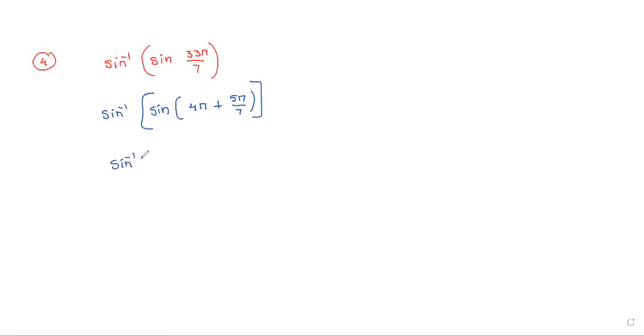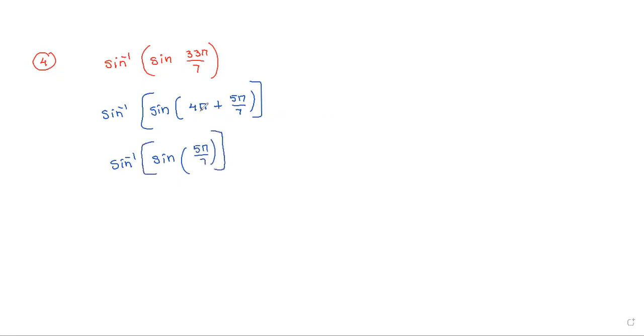Fourth one. Sine inverse of sine of 33 pi by 7. 33 pi by 7 is written as 4 pi plus 5 pi by 7. 4 pi is an even multiple, so it is sine of 5 pi by 7.